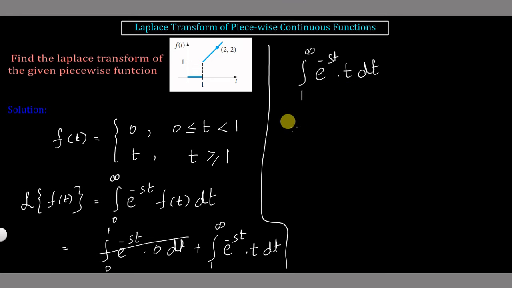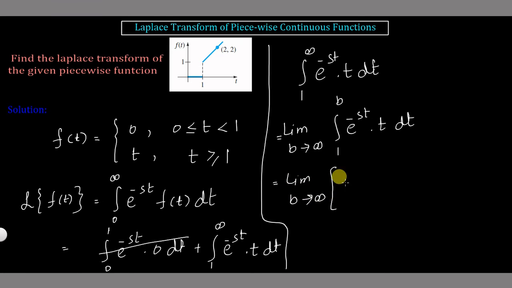We can convert this integral in terms of a limit: b approaches infinity, and the integral from 1 to b of e raised to the power minus st times t dt. Now we will evaluate this integral and the limit as b approaches infinity.